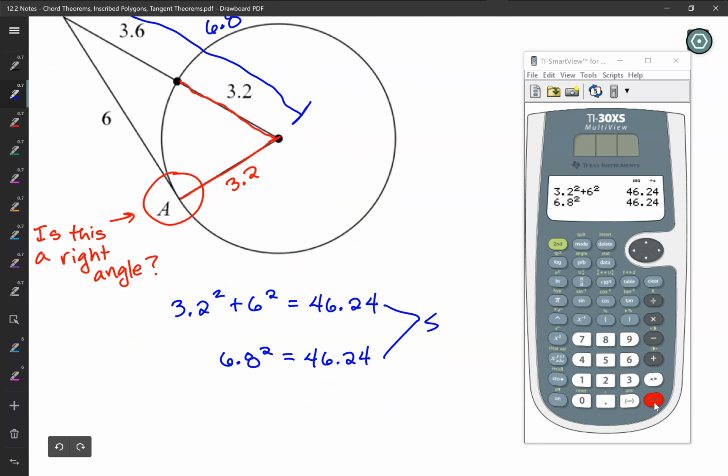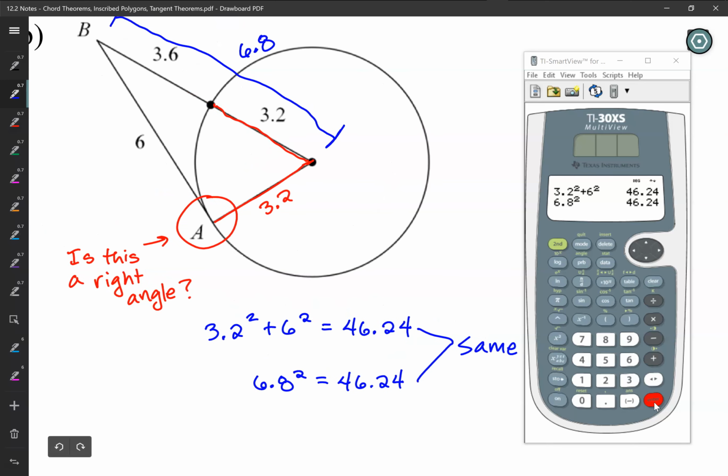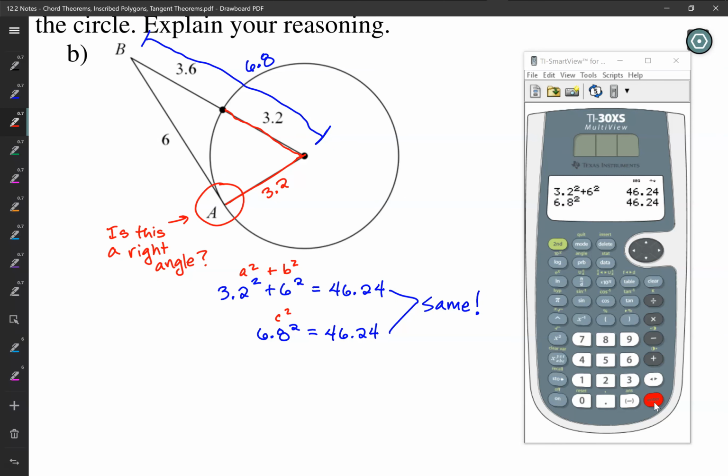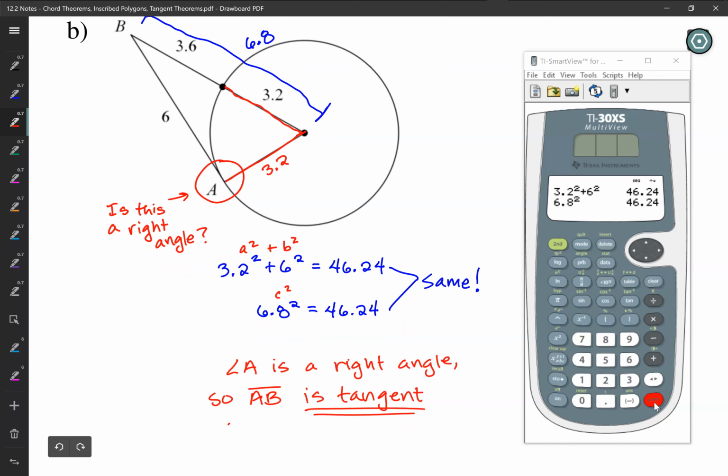Those are the same. Again, just so you can see, this is your a squared plus b squared, and this is your c squared. So what this means is that angle A is a right angle, so segment AB is tangent to the circle.